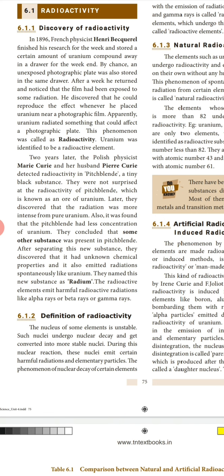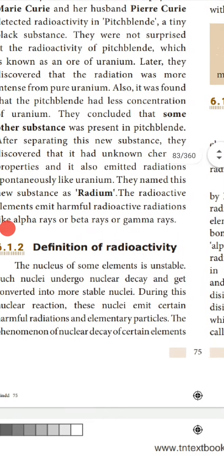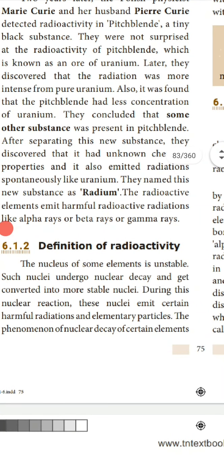So the radioactive elements emit harmful radiations like alpha ray, beta ray and gamma ray. Is it clear, children? Next, coming to the definition of radioactivity. The nucleus of some elements is unstable.